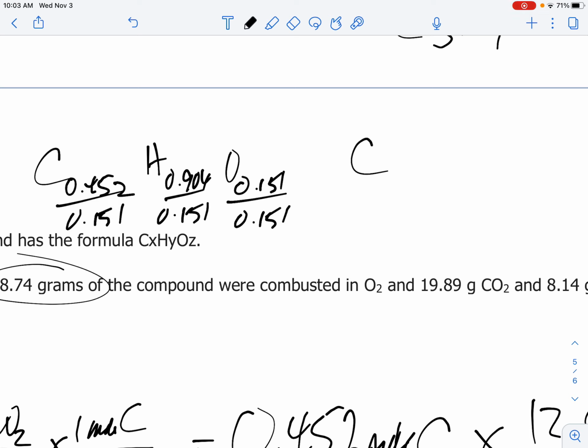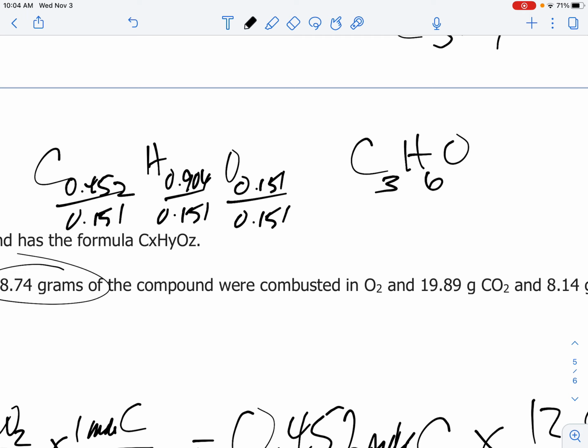So it looks like a 3, a 6, and a 1 maybe. 0.452 divided by 0.151 gets me 2.99. Yep, that's 3. And then the hydrogen is 0.904 divided by 0.151. That's 5.99. Yeah, that's 6. And then 1 for the oxygen.